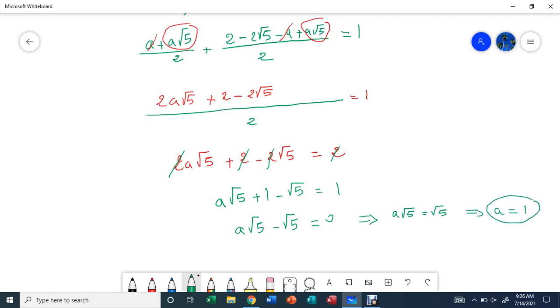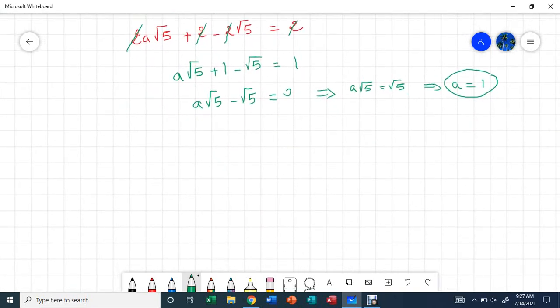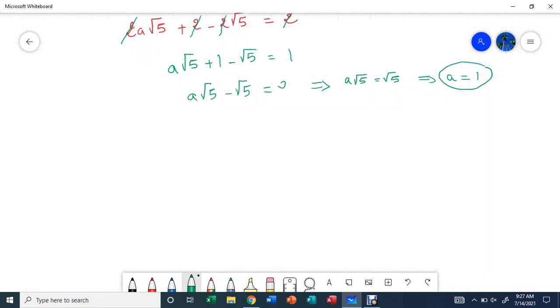Now let's find out what B is. Using the first equation, which is easy, we know A plus B equals 2. A is 1, so it's 1 plus B equals 2. That leaves me with B equals 1 as well.